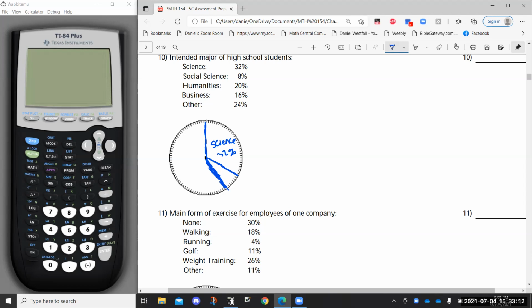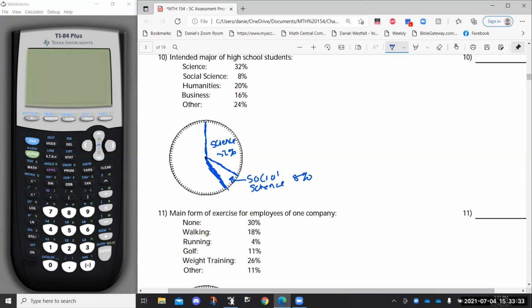All right. Let's say that this is social science here, and that's 8%, right? And again, Excel is going to do this perfectly. So we're at 40%. We're going to add 20% to 40%. We get 60%.